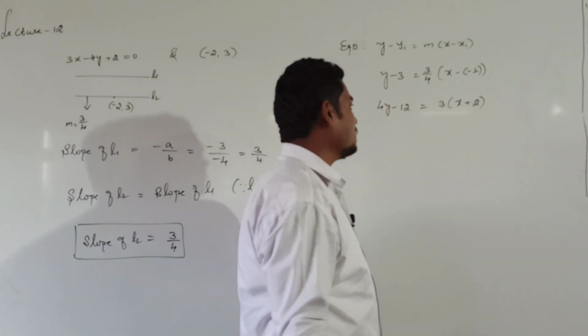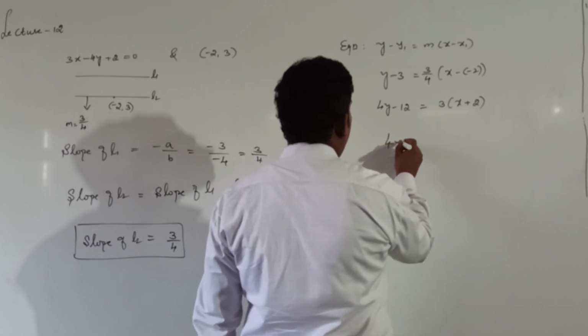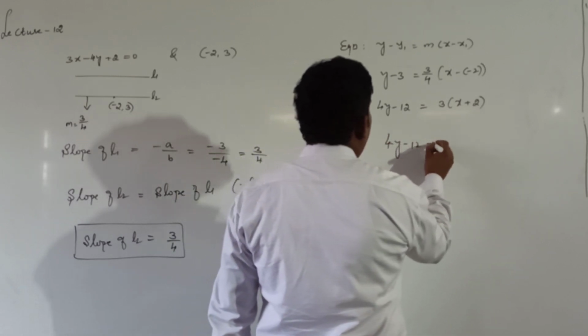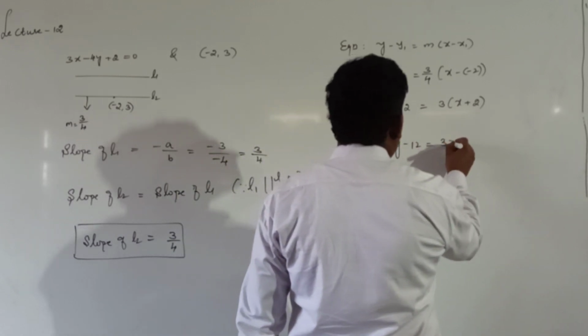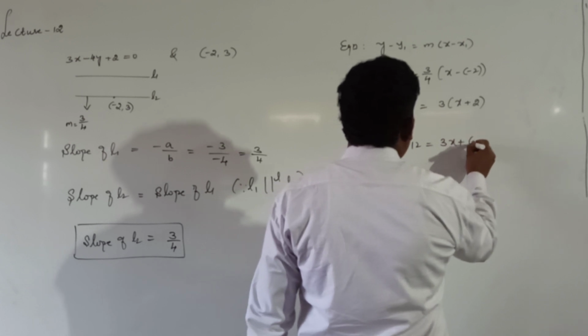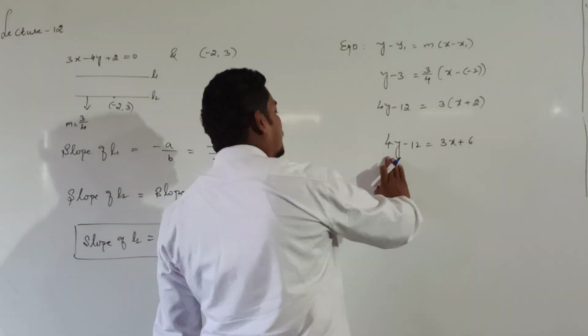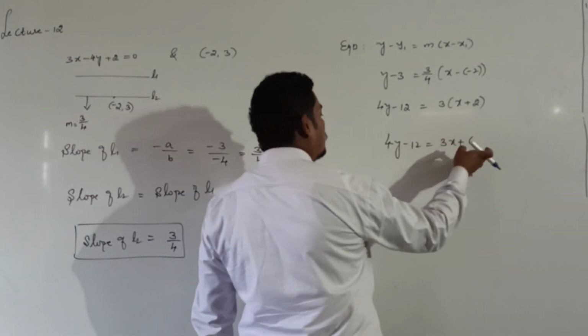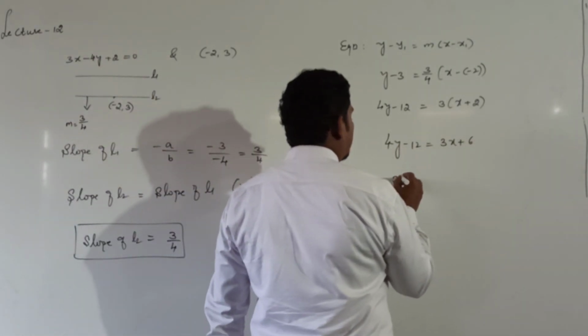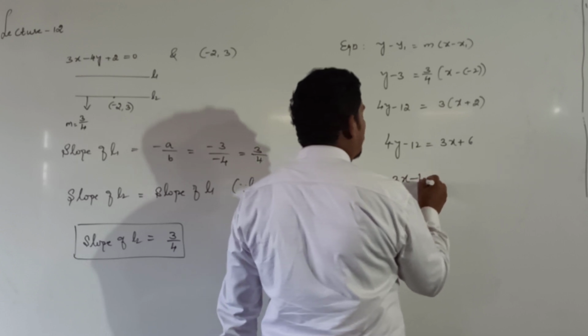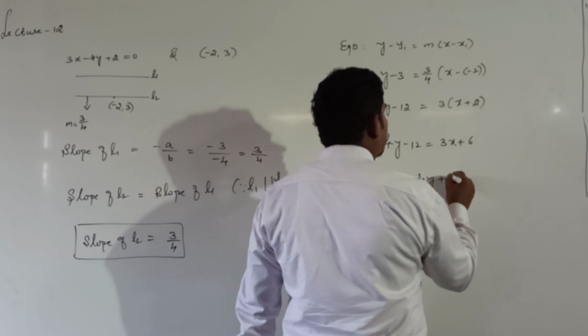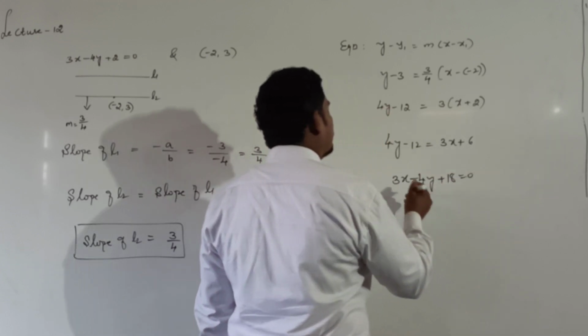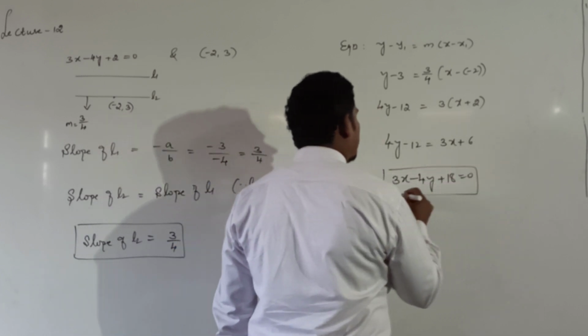Usual simplification: 4y minus 12 is equal to 3x plus 6. Bring these two terms into RHS. Then it will be 3x minus 4y plus 18 equal to 0. This is the equation of the required line.